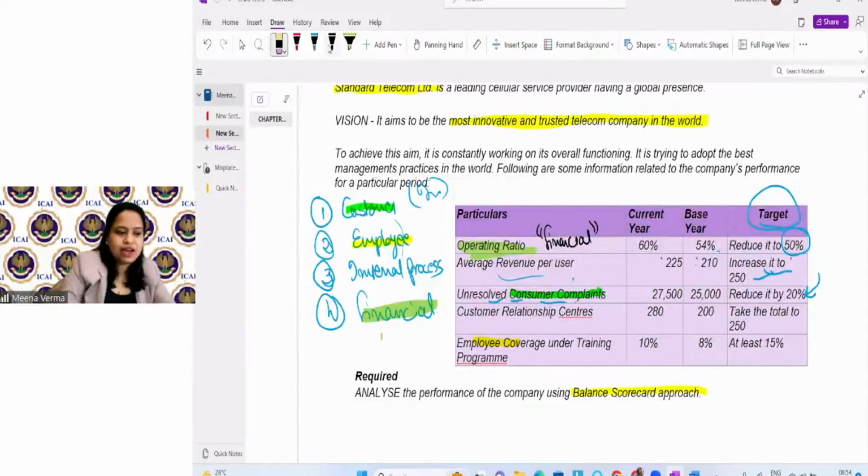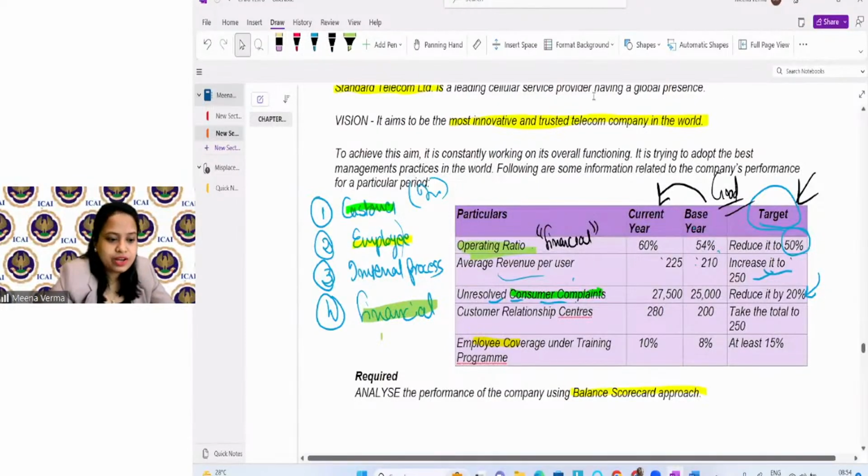See, this is what they have done, right? From the base year to the current year, this is what they have achieved. Is it good or not? Because the target was this. Read and tell me whether the financial goals have improved or not.